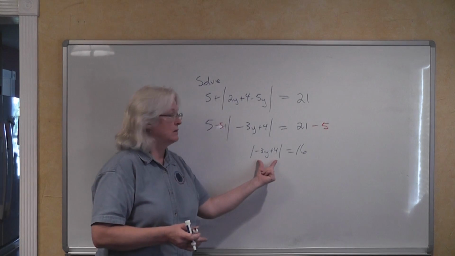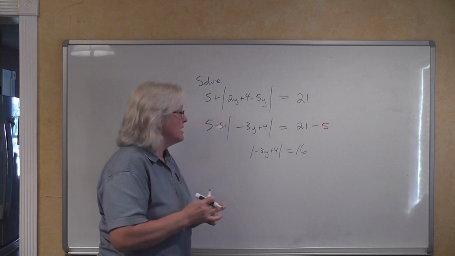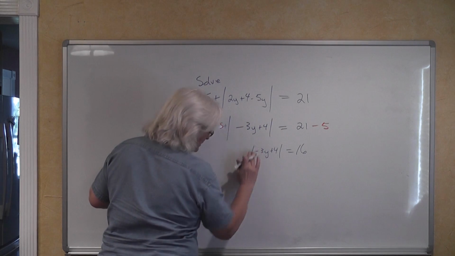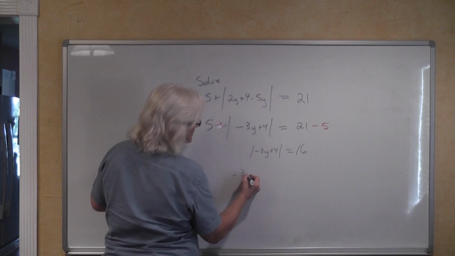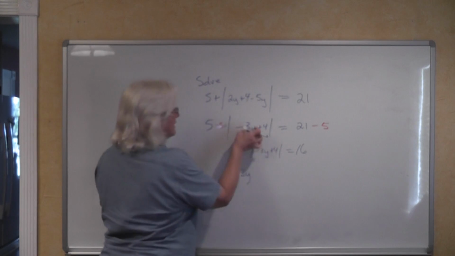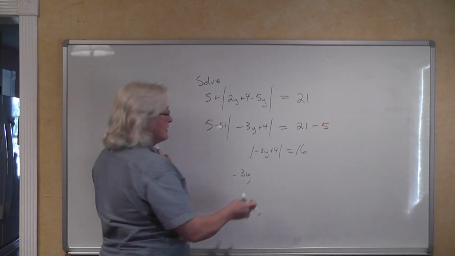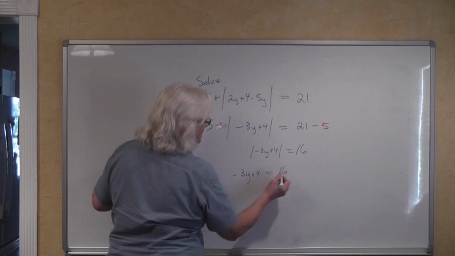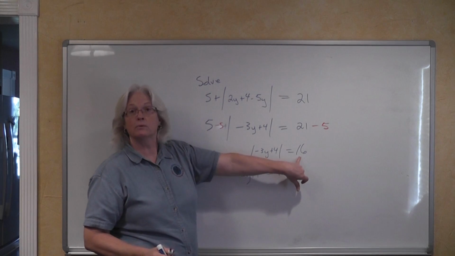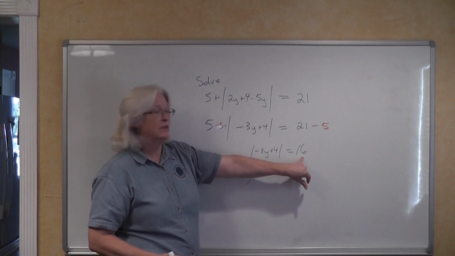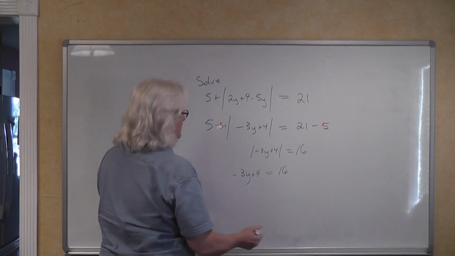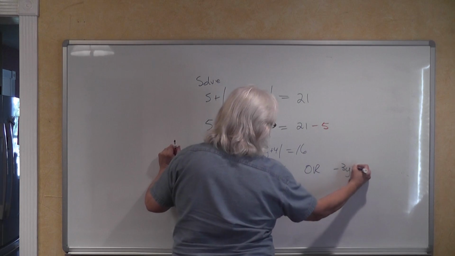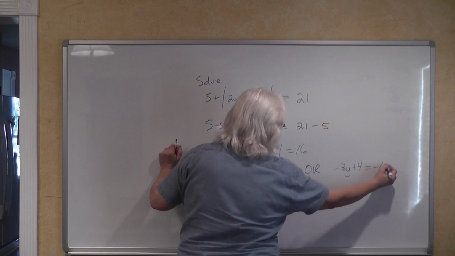Once you have simplified within the absolute value bars, as we did, you simply remove them to form two equations. One equal to the actual value on the right-hand side. The second equation is equal to the opposite of that value.